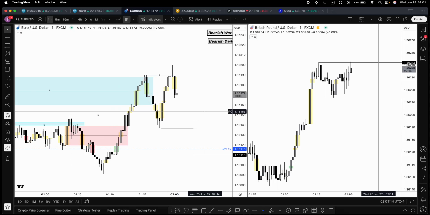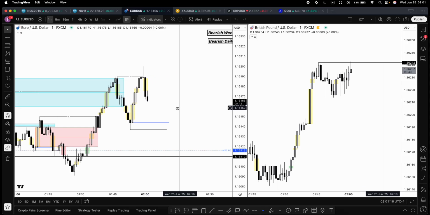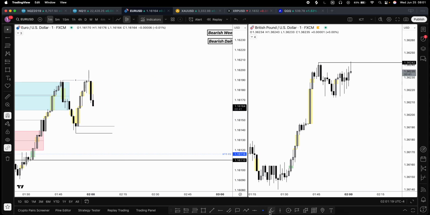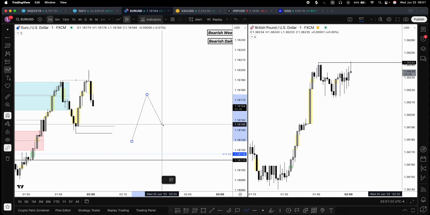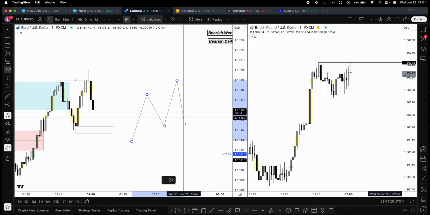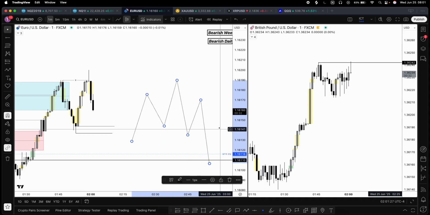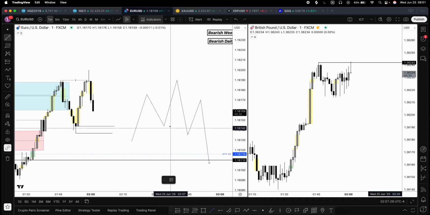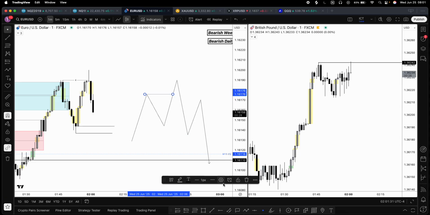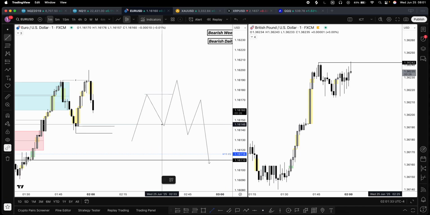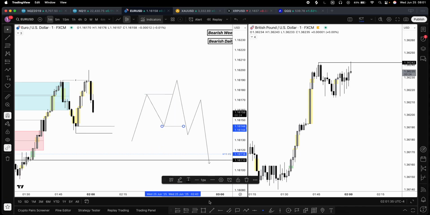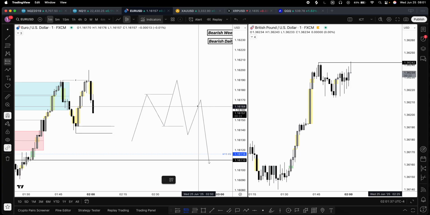So the entry model is essentially just the basic form of it: boom, boom, boom. It's 1, liquidity sweep, 2, market structure shift, and 3, entry.